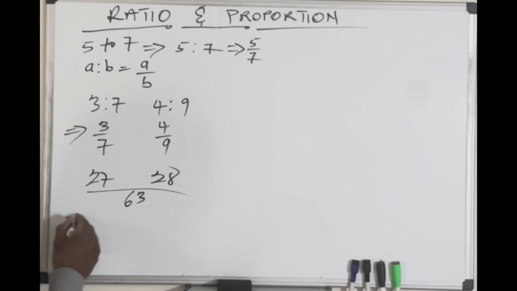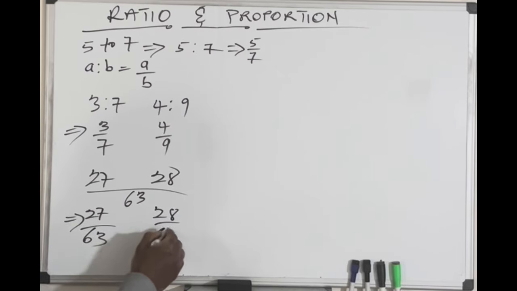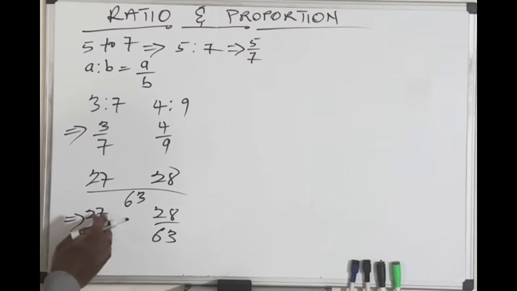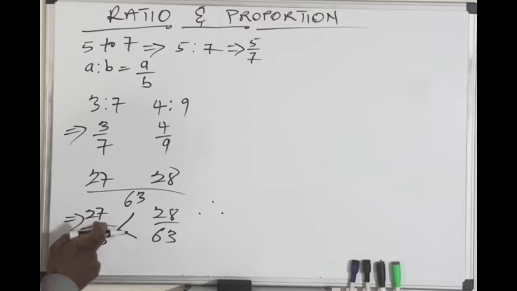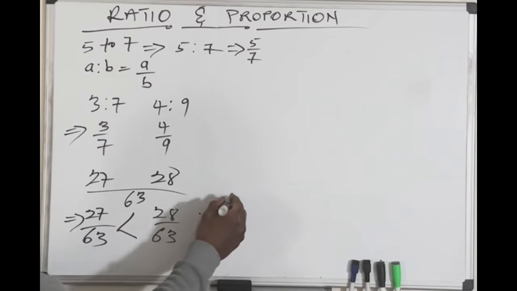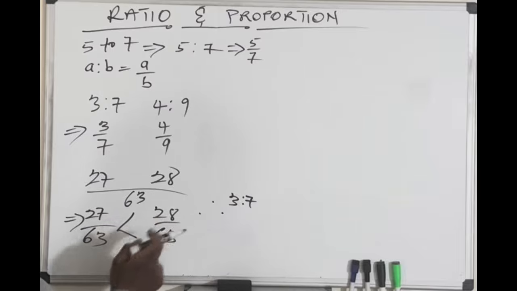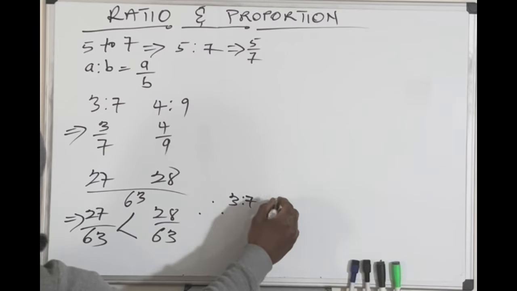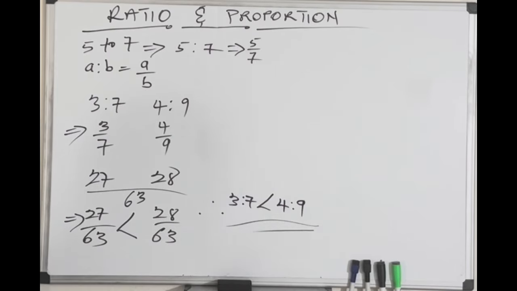So right now we have 27 over 63, and then 28 over 63, the same denominator, so we can compare them. So we can say that 27 over 63 is less than 28 over 63. Therefore, 27 over 63 is for what? 3 to 7, and then 28 over 63 is 4 to 9. So this will be the final answer.